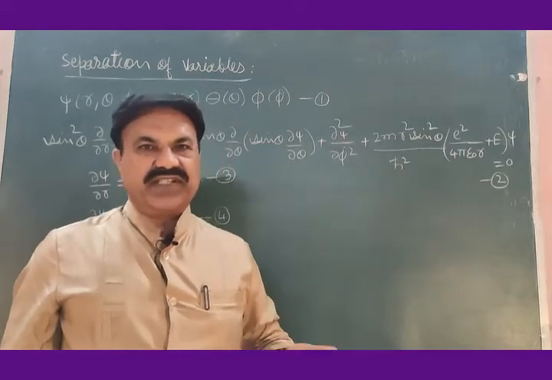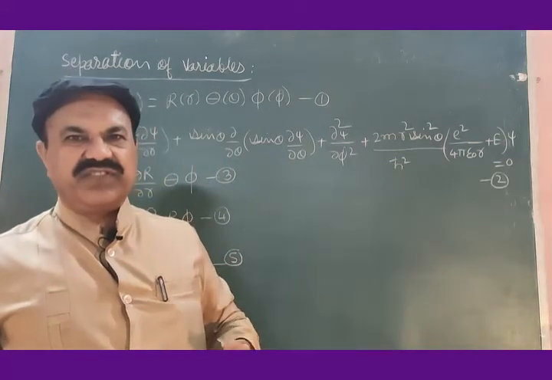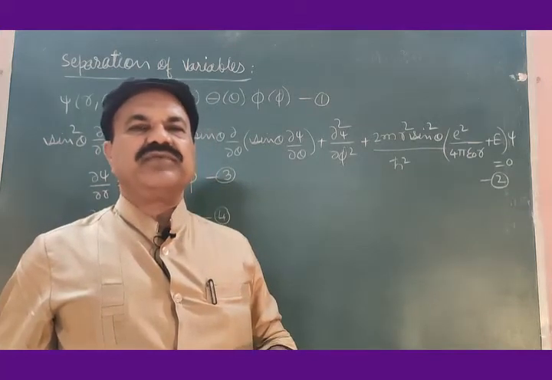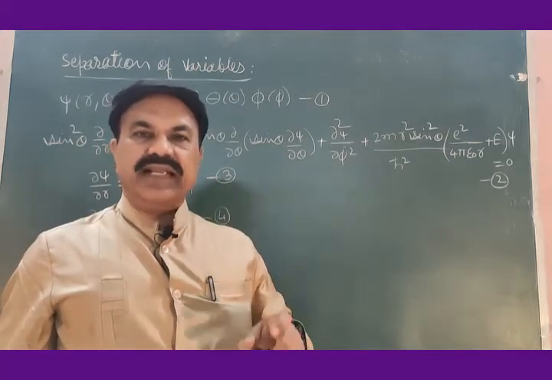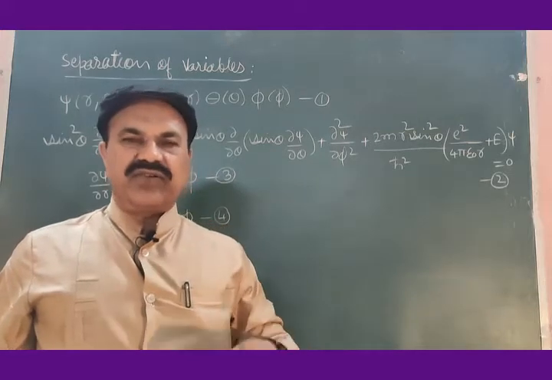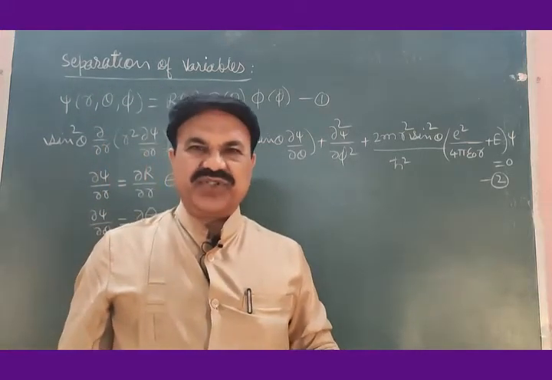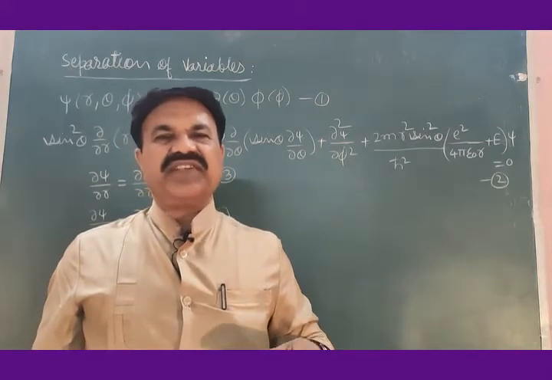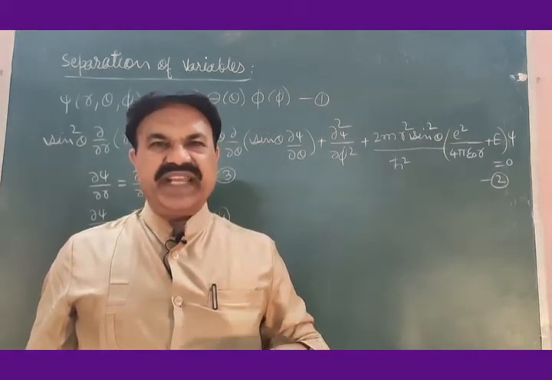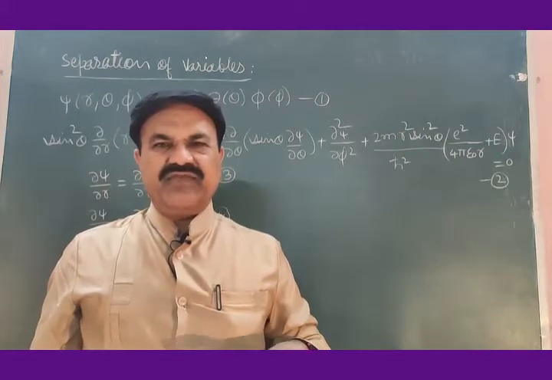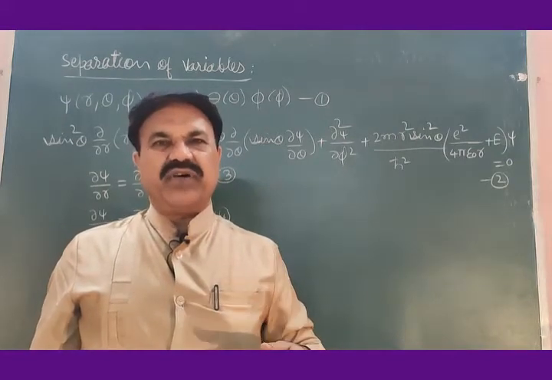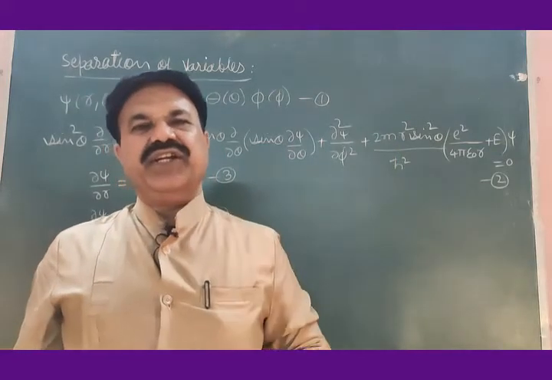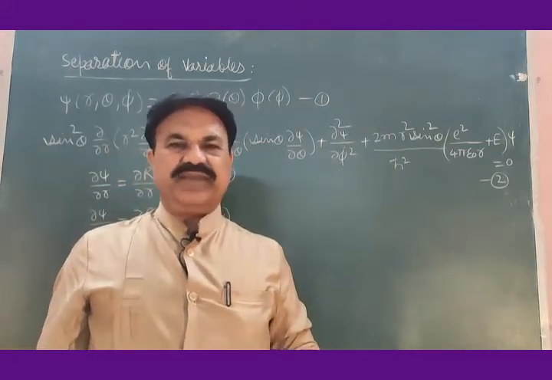When we express the equation in terms of theta, then it will describe the behavior of the wave function for the electron of the hydrogen atom about the zenith angle theta, corresponding to various longitudes, meridians, of a sphere whose center is at the nucleus of the hydrogen atom.